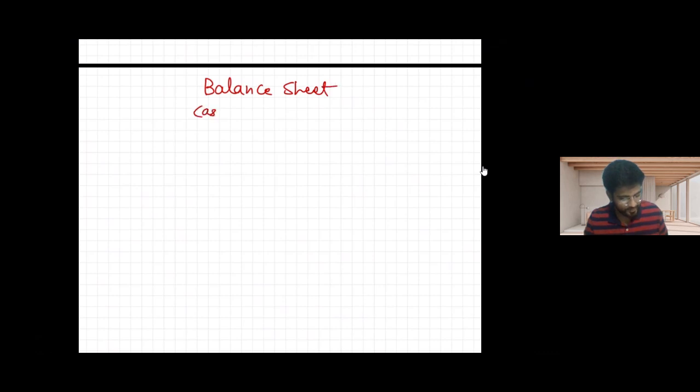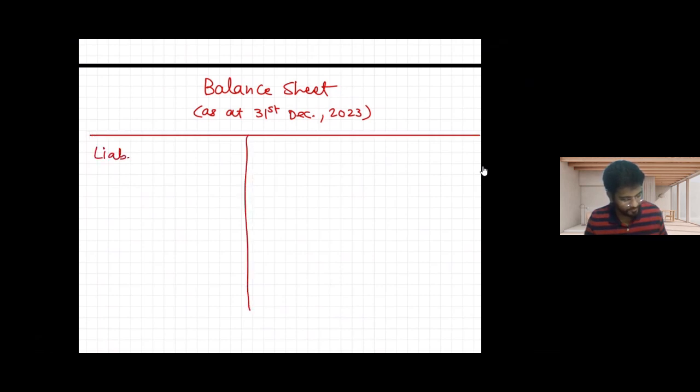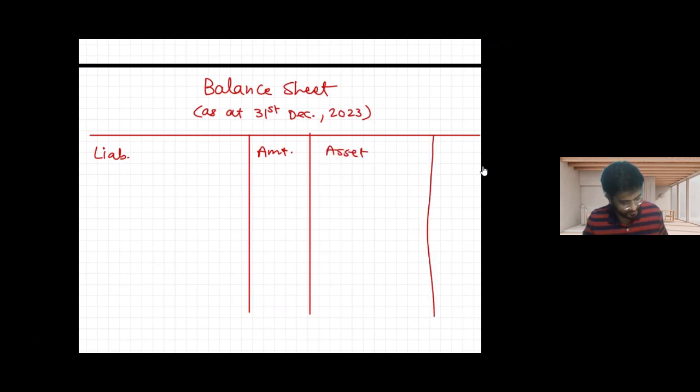This is as at 31st of December 2023. So on the balance sheet, I will have one side as liability and amount, and other side as an asset and amount.